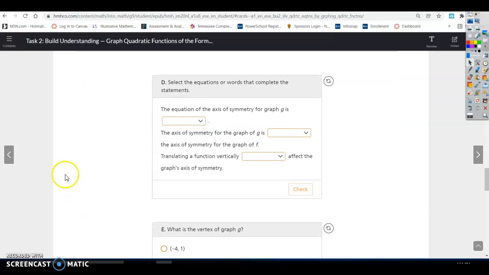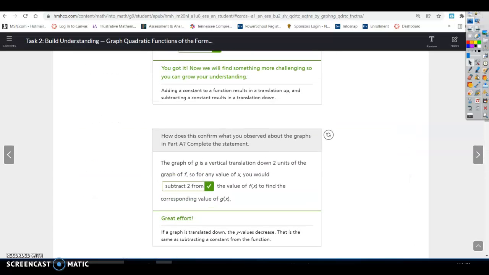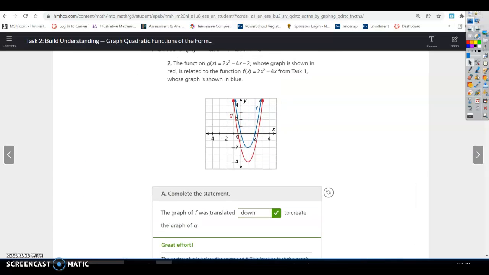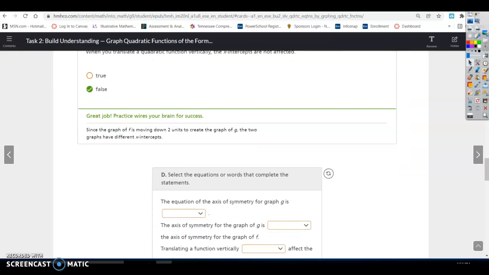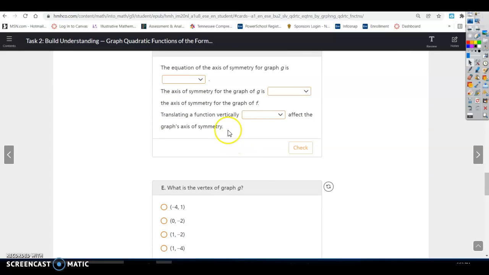All right, select the equations or words that complete the statements. The equation of the axis of symmetry for the graph of g is blank. Well, if we go up here and look, the axis of symmetry, remember, cuts through the vertex. So the axis of symmetry is going to be x equals 1 for both g and f. So for g, it's x equals 1.